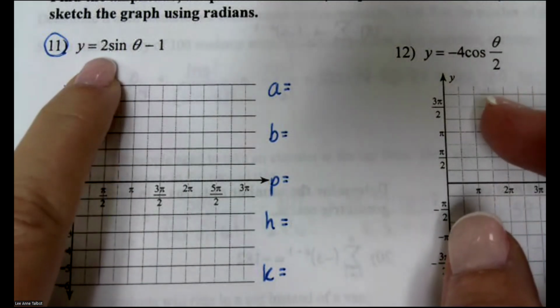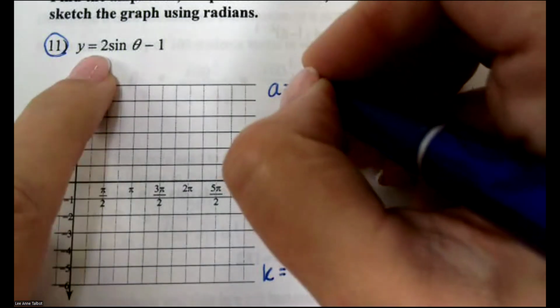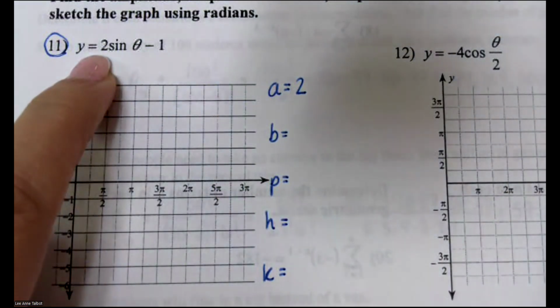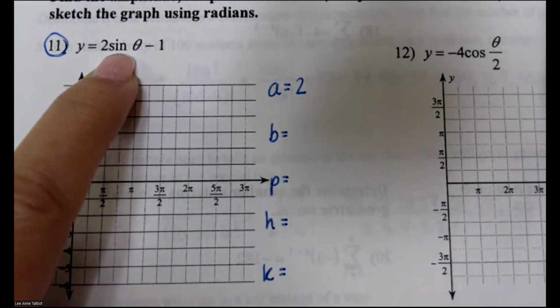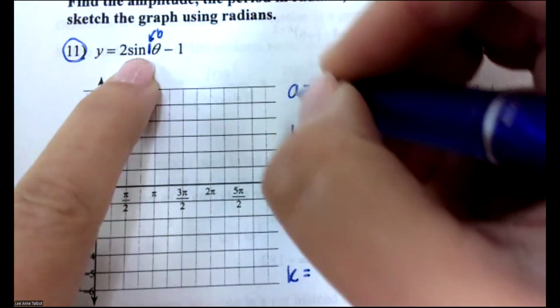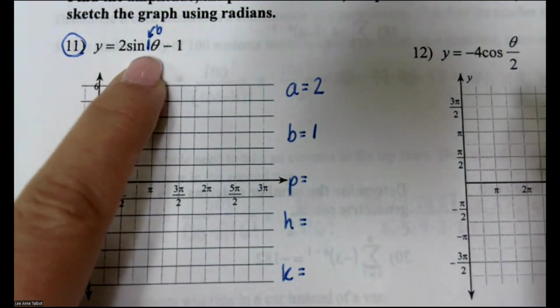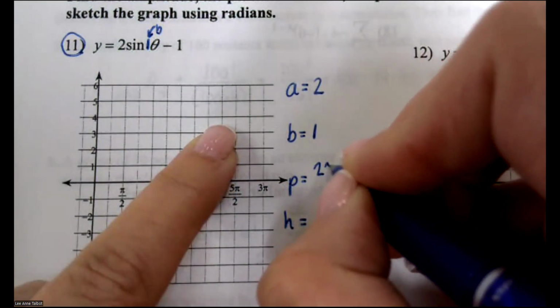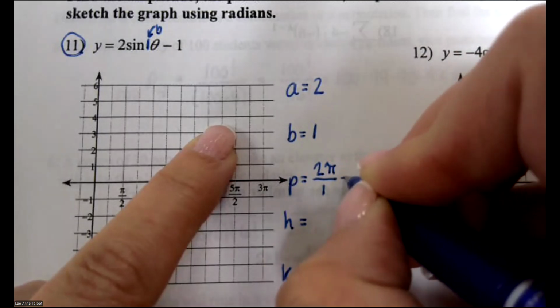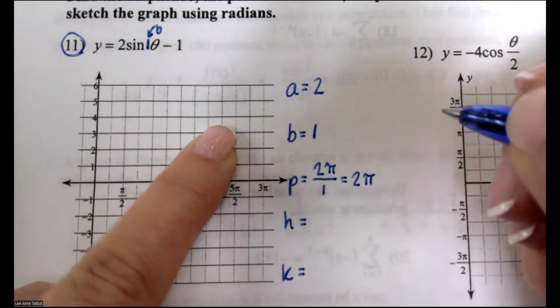Okay, so in this problem, A is 2, B is 1, the period is 2 pi over 1, which is 2 pi.